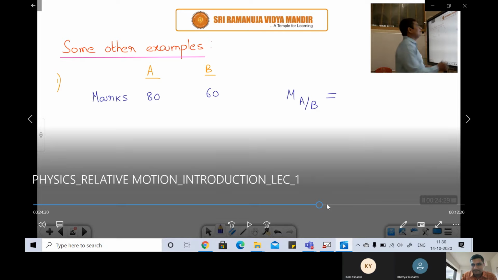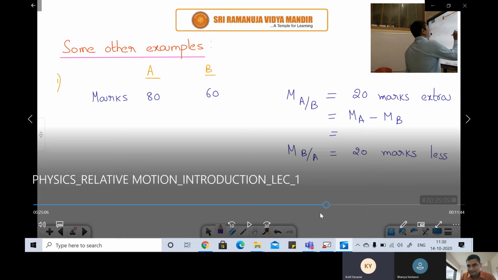How did you get that? Marks of A minus marks of B, which is 80 minus 60, equal to 20. Plus 20 means you got more. That means from the frame of B, A has 20 marks extra.